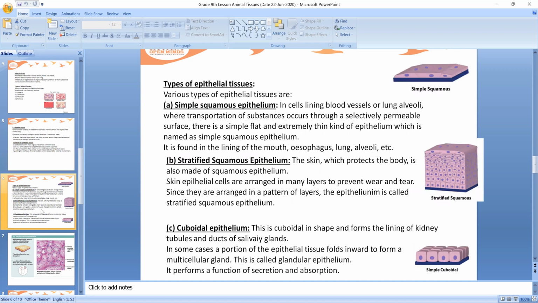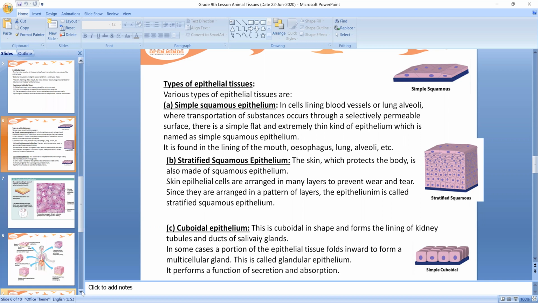The types of epithelial tissue: into how many types are they divided? 4, ma'am. What are they? Squamous epithelium, ma'am. Stratified. And cuboidal. Cuboidal epithelium. Yes, simple squamous, stratified squamous epithelium, cuboidal epithelium.